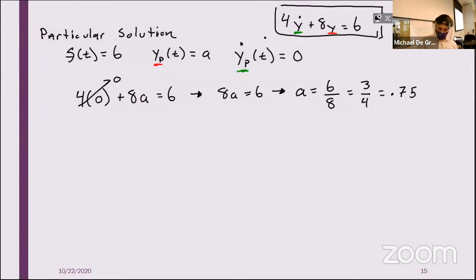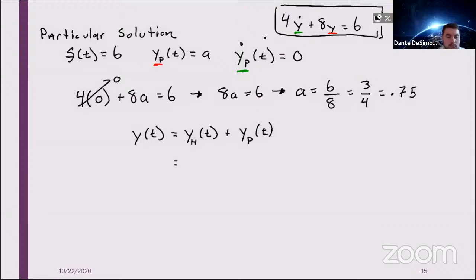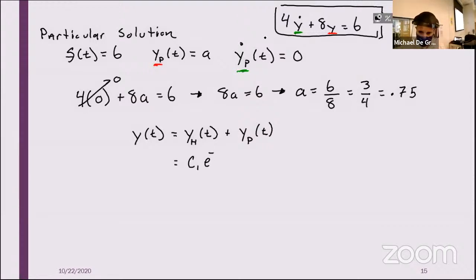Okay, so my total solution has to equal what? It has to equal my homogeneous solution plus my particular solution. The homogeneous solution was C1 e to the negative 2t. We came up with that on the previous slide.